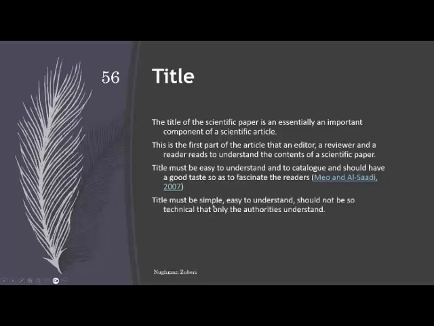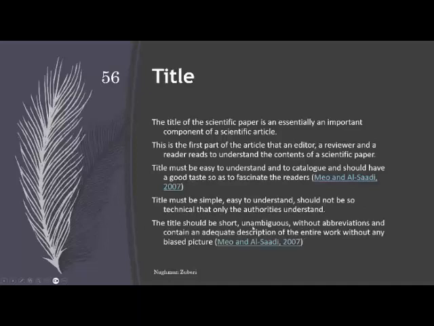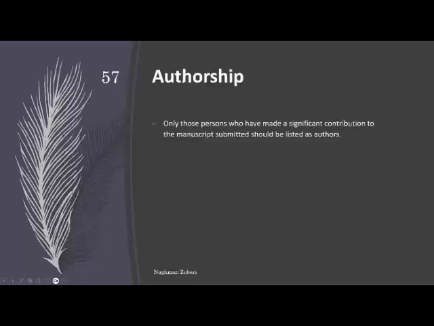It should not be so technical that only the authorities will understand. The title should be short, unambiguous, without abbreviations, and contain an adequate description of the entire work without any biased picture.